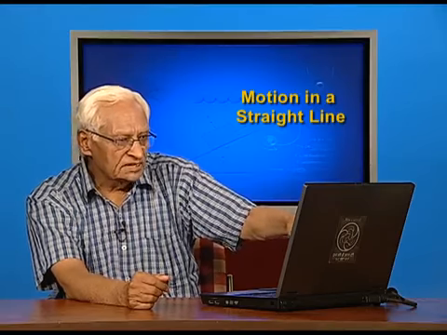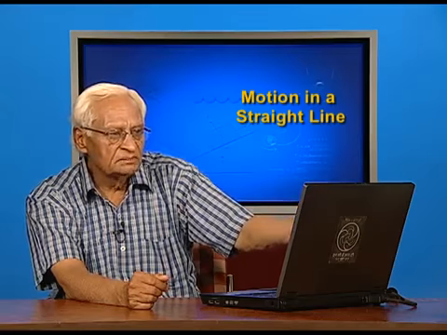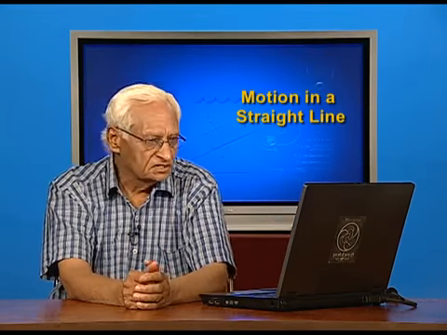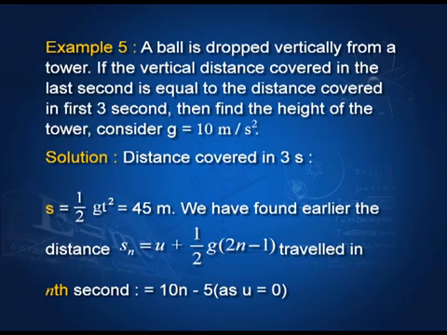Distance covered in 3 seconds is simply s equal to half g t square, it is 45 meters. Therefore, we use this formula now, half g is 5. So, 5 into 2n minus 1, which is 10 n minus 5, because u is 0.